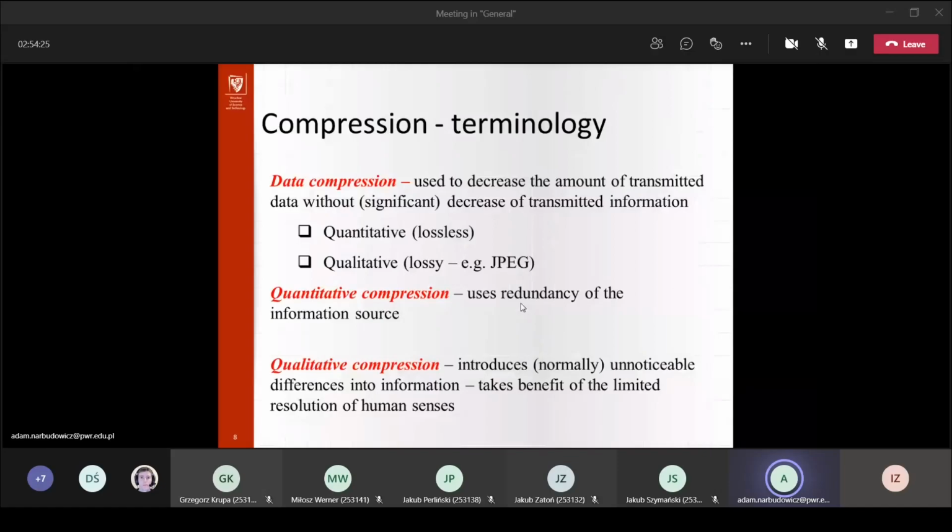Whereas in qualitative compression, we can introduce some changes into the signal which we don't care that much about, and in that case we can sometimes go even below the theoretical limit, which means information loss.